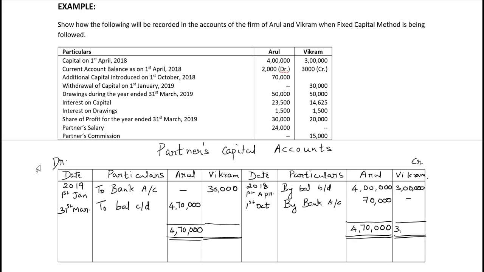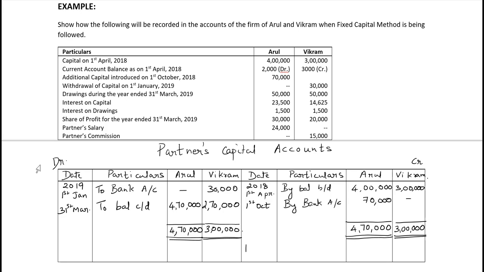And for Vikram, greater total on credit side rupees 3 lakh, and the balancing figure 3 lakh minus 30,000, which is 2 lakh 70,000.